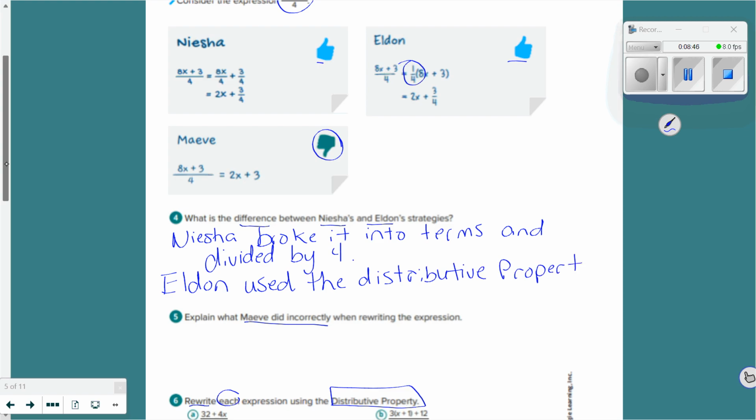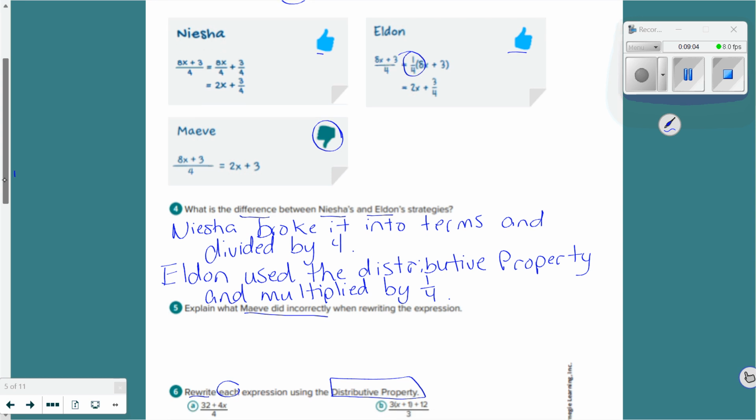Multiplying by 1/4 is the same as dividing by 4.